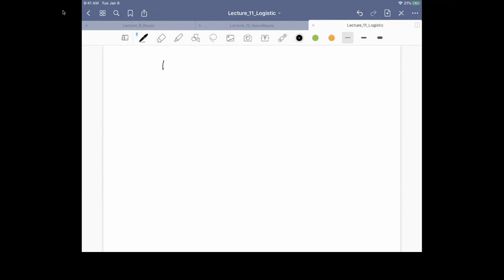Look at the L2 norm, which is essentially the sum over i from 1 to D of Wi square. Intuitively, if some of these weights are very large, then what the squared distance is doing is penalizing it a lot.